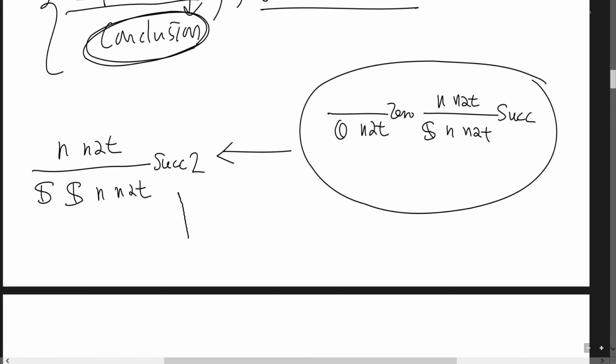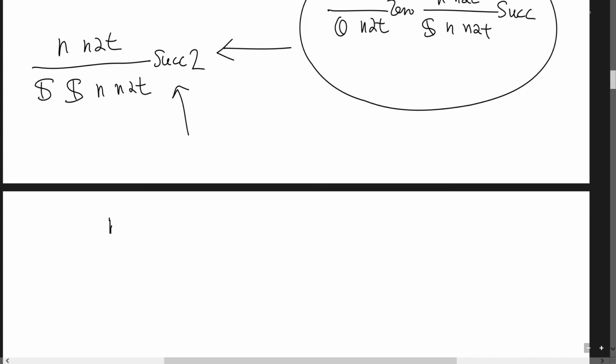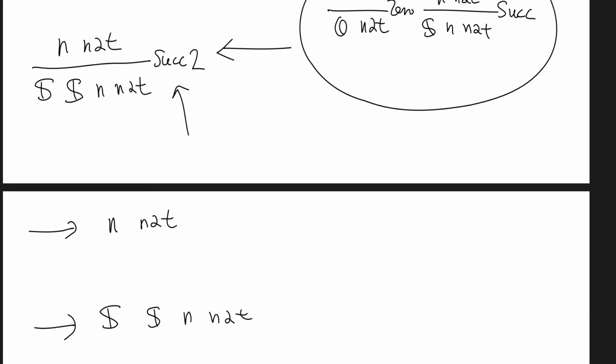Why is this rule derivable? It is derivable because we can always fill the gap between the premise and the conclusion, successor, successor, n nat, with a derivation tree. So here's a derivation tree.